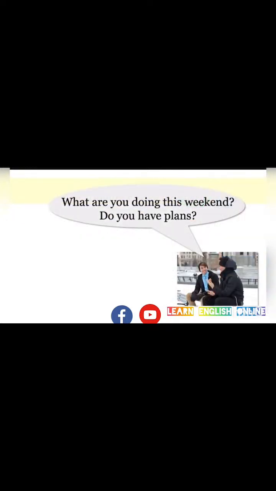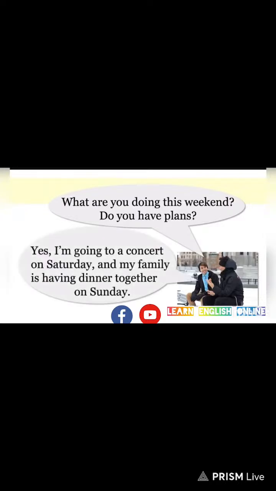We often use the present progressive to talk about plans in the future. Let's look at some examples in conversations. Here we have two friends. They are talking. What are you doing this weekend? Do you have plans? And the other says, yes, I'm going to a concert on Saturday and my family is having dinner together on Sunday.